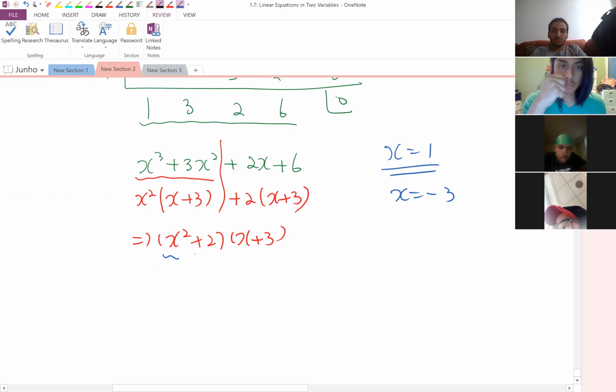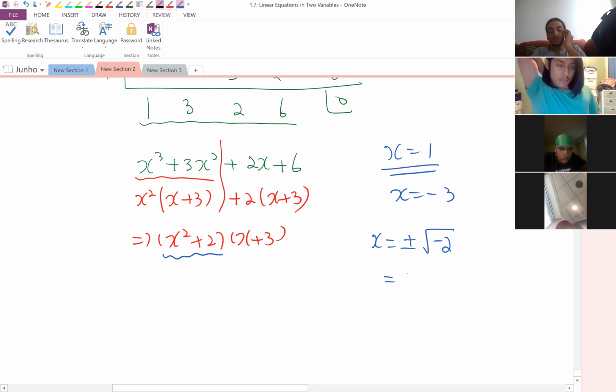Now, when you do this one, what did we get? The imaginary number, square root of minus 2. So x equals plus and minus the square root of negative 2. One of them is i square root of 2, and the other one is minus i square root of 2.